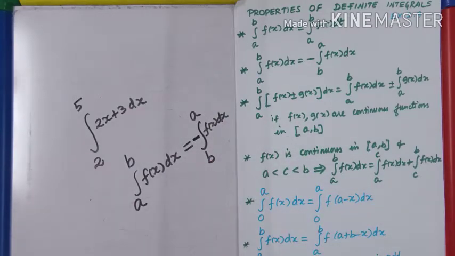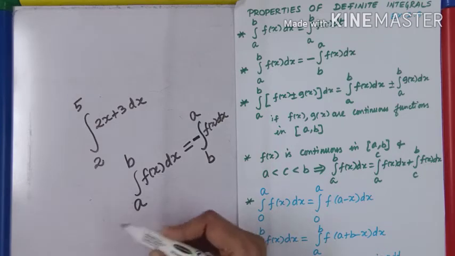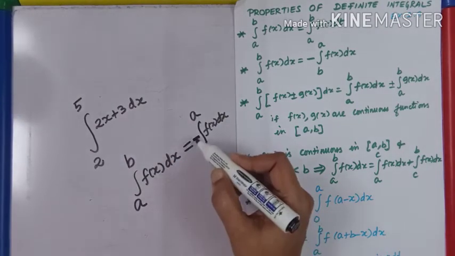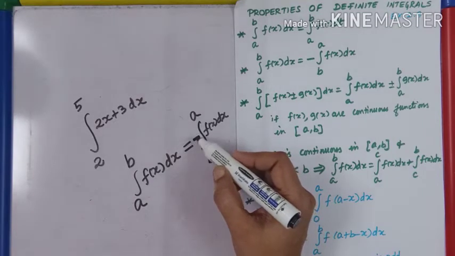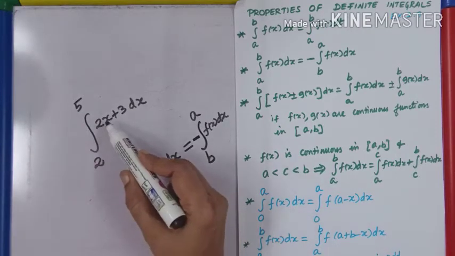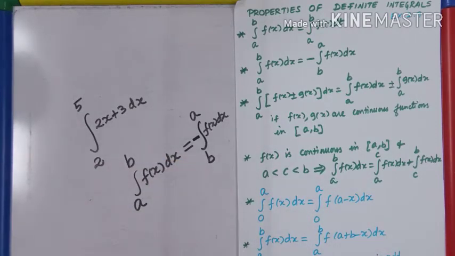So, remember, in integration, whenever I interchange the lower and upper limits, the sign changes. A very important property. Now, in the given integral, instead of x, if I want, I can change it throughout as t or y or z or u or any other variable.